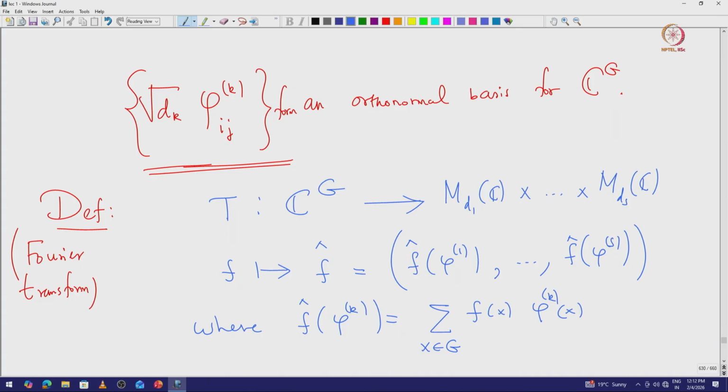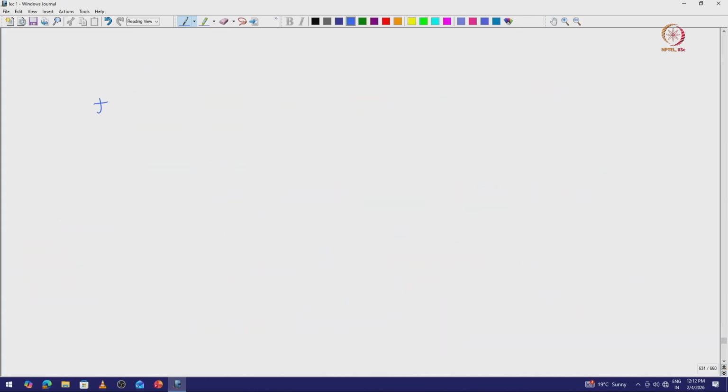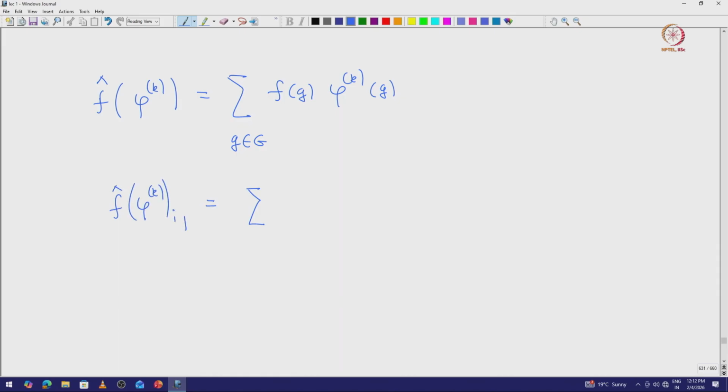So, in other words, this can be rewritten as follows: f hat of phi k, which is by definition summation f of g phi k of g, g in G. Now, if you use these matrix coefficients, maybe let us look at the ij-th entry: f hat of phi k, the ij-th entry, is going to be summation f of g phi ij k of g, g in G. Okay.